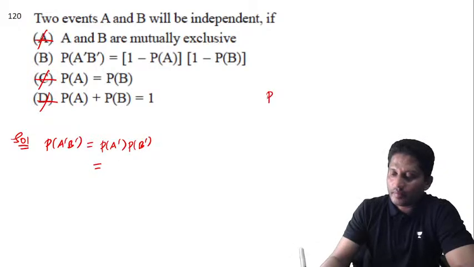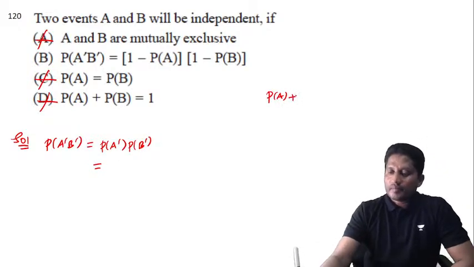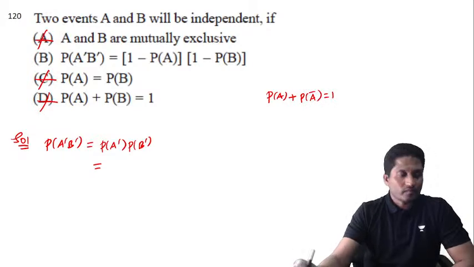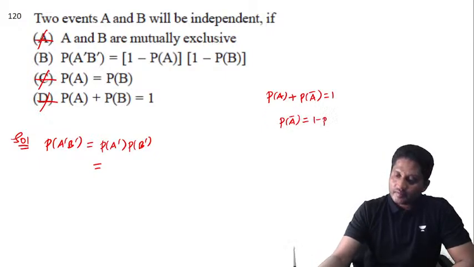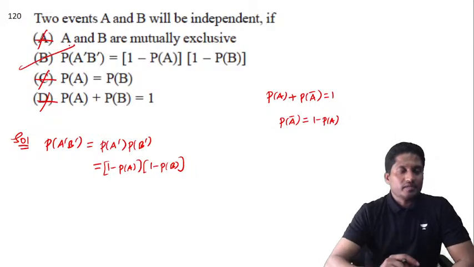We know that probability of A plus probability of its complement is always equal to 1. So P of A bar is equal to 1 minus P of A. Now P of A dash is equal to 1 minus P of A and P of B dash is equal to 1 minus P of B. Answer is option B only.